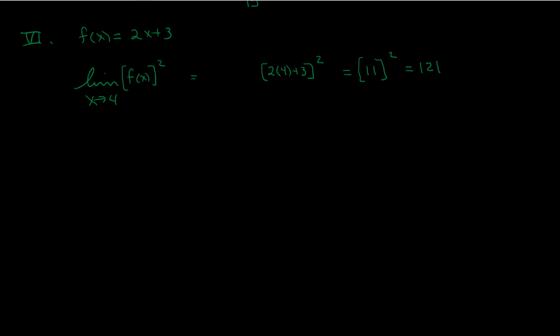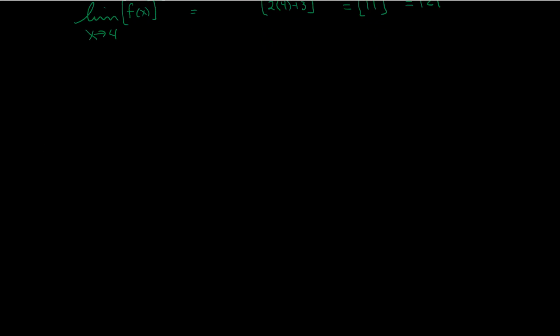Each of these properties I've given you an example of, but each of them comes with a more formal definition. Let's take a look at those more formal definitions at this point. Let's say that we have the limit as x approaches a of f of x.